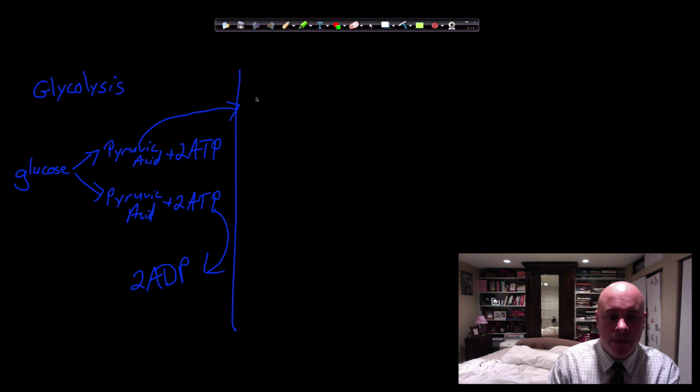So the pyruvic acid comes into the mitochondria, and we have the first step in the mitochondria, or the second step in the process, and pyruvic acid is converted to acetyl-CoA.